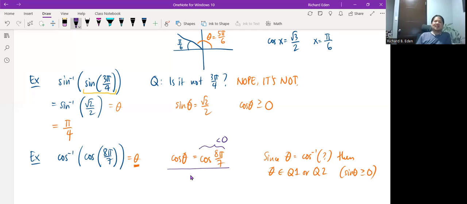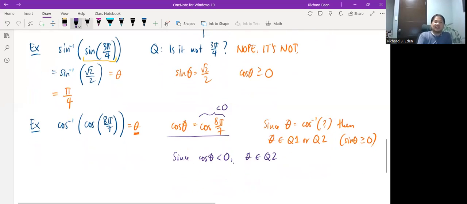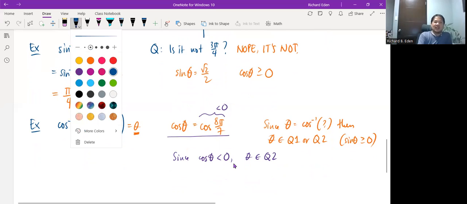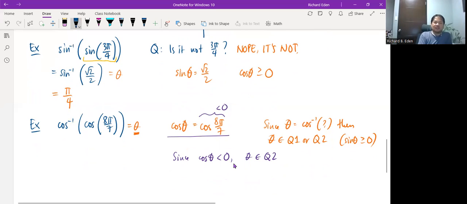All right. So 8 pi over 7 is in the third quadrant, but theta is not in the third quadrant because it could only be from quadrants 1 or 2. So can we make a decision now? Second quadrant. All right. Theta is definitely in the second quadrant, and it has the same cosine as 8 pi over 7.